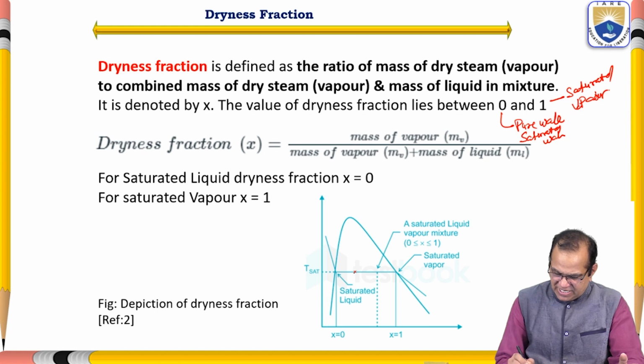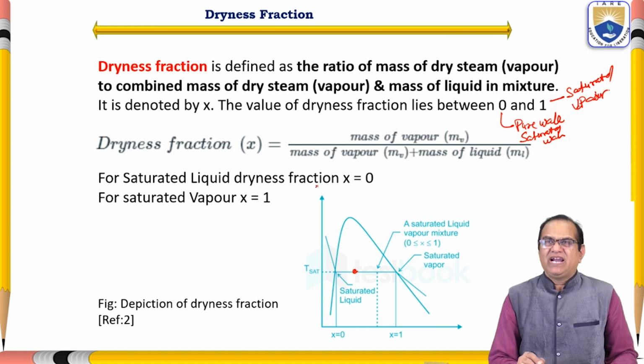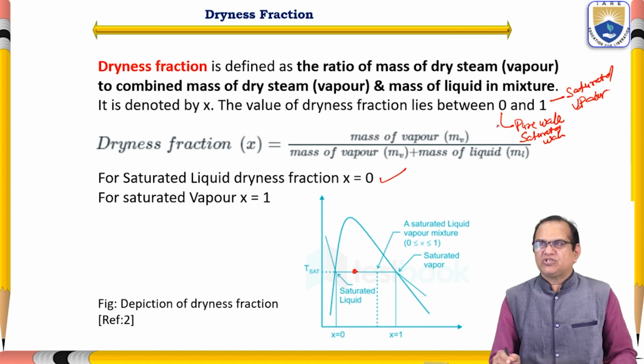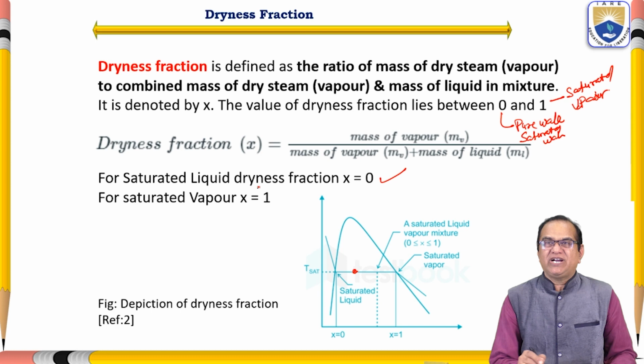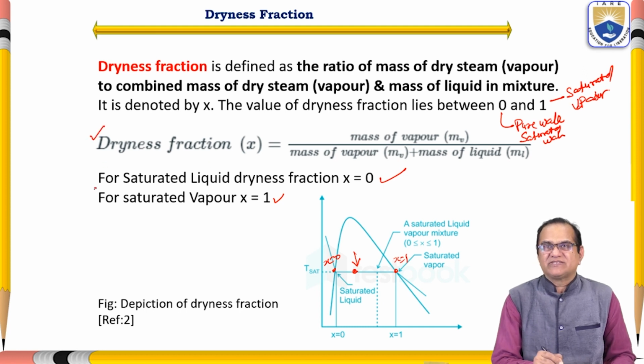So for the saturated liquid, the dryness fraction x is equal to 0, and for the saturated vapor x is equal to 1. But what will be in between? You can find that out with the help of this.